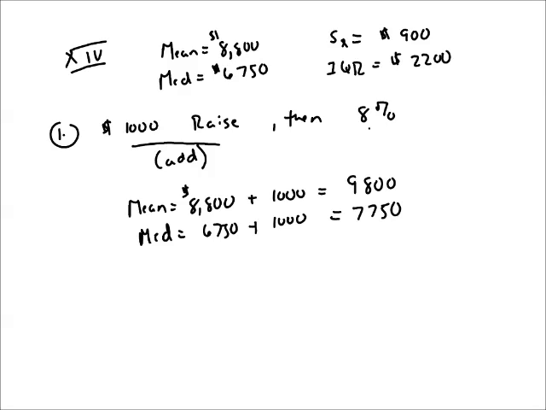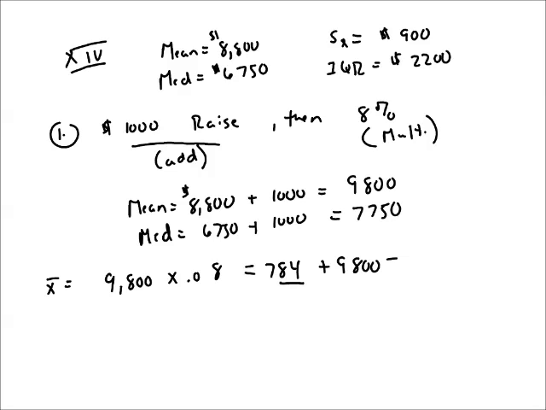Now we're going to do the 8% raise. That's multiplying. Percent is multiplying. So I take $9,800, this is for the mean, and multiply by 0.08. 9,800 times 0.08 is 784. Then I add that back to 9,800 and get 10,584.